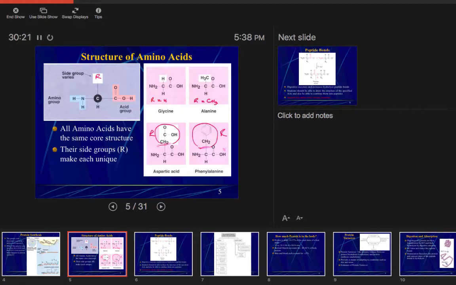This amino acid could be degraded itself. In other words, the nitrogen can be split, and now you have a carbon skeleton. That's what that's called, and that can be used for other things. It's no longer an amino acid. So in that case, you've pulled an amino acid from a protein, and it's no longer used for protein synthesis.